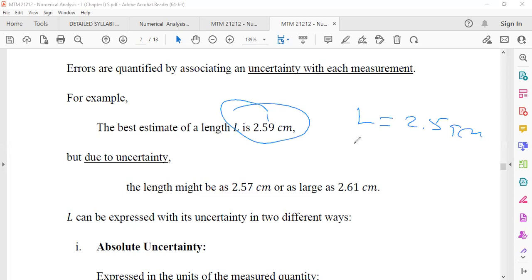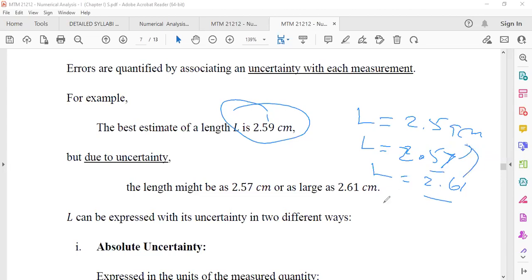But one person takes 2.57, because of measurement problems and placement mistakes, and one more person takes 2.61. This is larger and this is smaller.